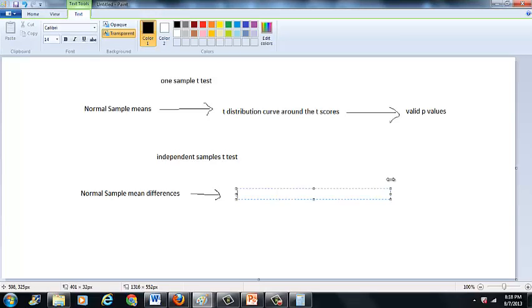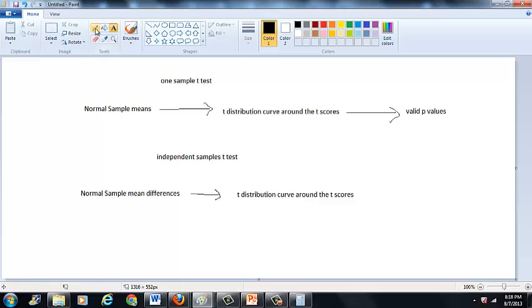Your t-scores will have the correct shape that they're supposed to have. And when the t-scores have that correct shape, the computer will give you valid p-values.